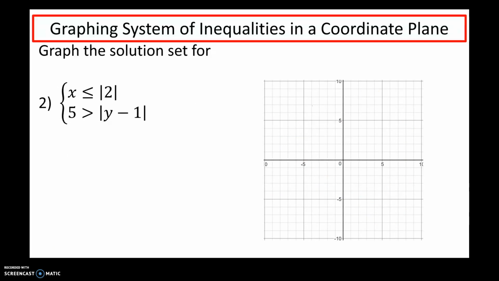Okay, last example. X is less than or equal to the absolute value of 2. All right, I'm going to change this one to be the absolute value of x is less than or equal to 2. So let's change that first function to be the absolute value of x is less than or equal to 2.